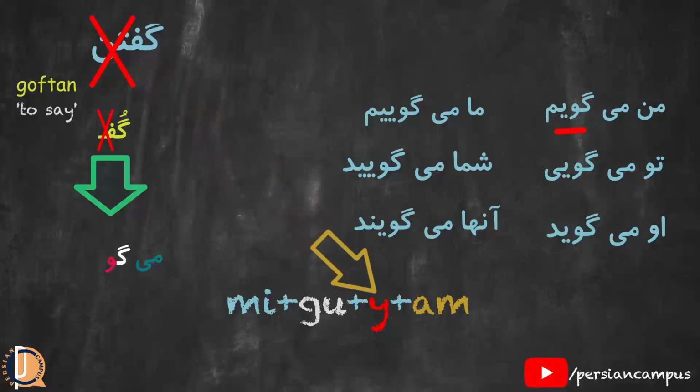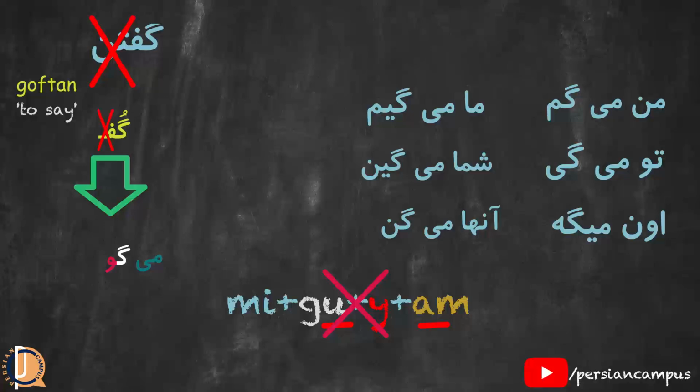We added it because the stem ended with a vowel and the ending started with a vowel too. We put it here as a mediator to make the pronunciation easier. So the result by removing one syllable and this ye would be من میگم، تو میگی، اون میگه، ما میگیم، شما میگید، اونا میگن، ایشون میگن.